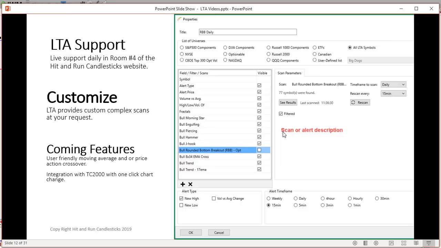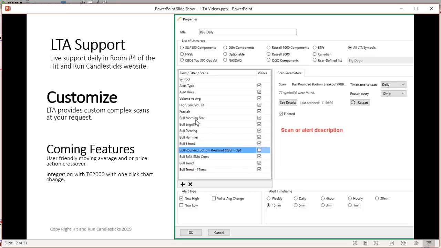I've got this marked red, and the reason is that something coming very soon is an actual description of the alert you're using in here. So there'll be a description of the actual alert you have. I think that's kind of cool.